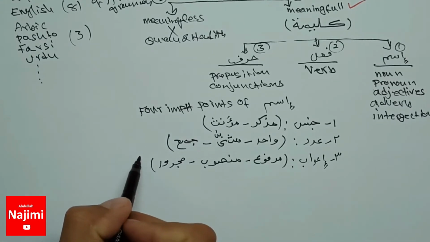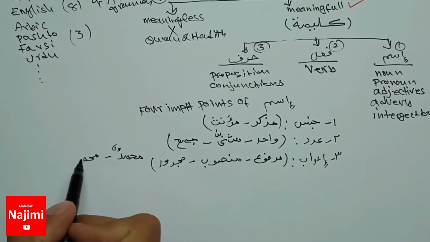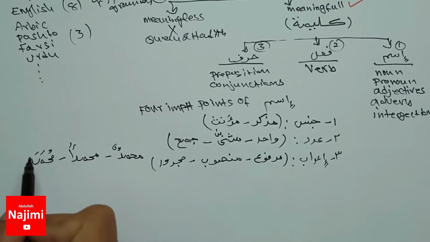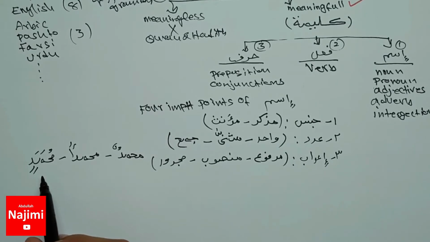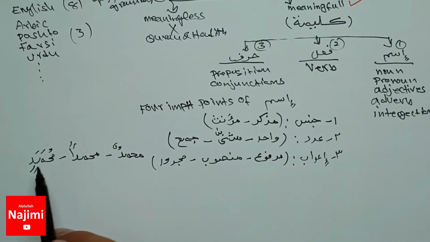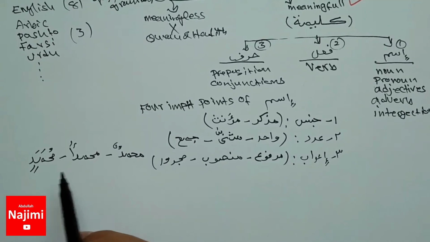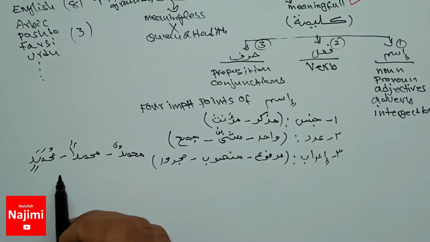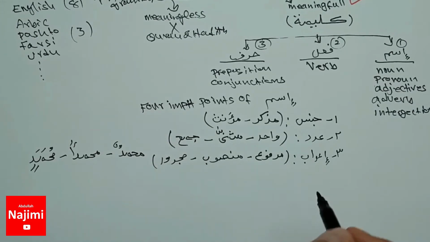So right now I would say Muhammadun, Muhammadan, and Muhammadin. It means Muhammad, peace be upon him. He is our prophet. They have the same meaning, but their shapes are different. So it is marfu', it is mansub, and it is majroor. I should not explain it further, because we will explain it in a coming lecture.